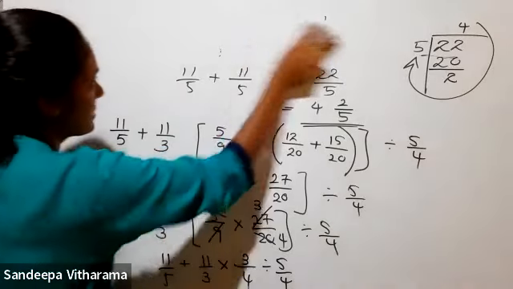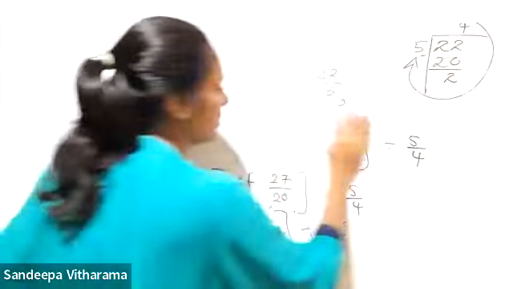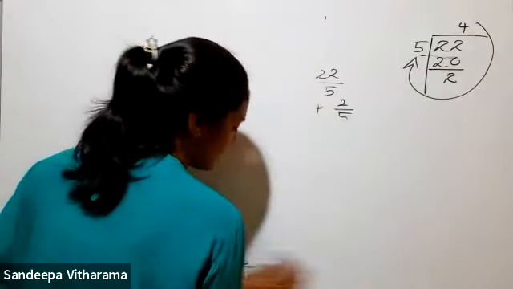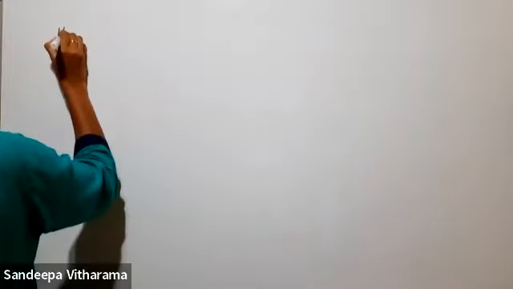2 homeworks relevant to the BODMAS rule. Okay, you have to do this and send your answers. Okay, write down the homework. That means it is the 11th question.